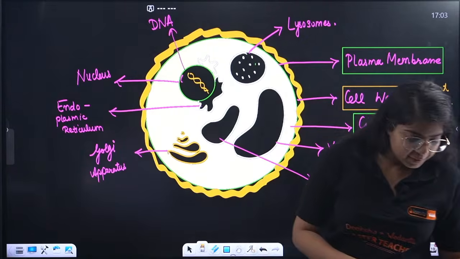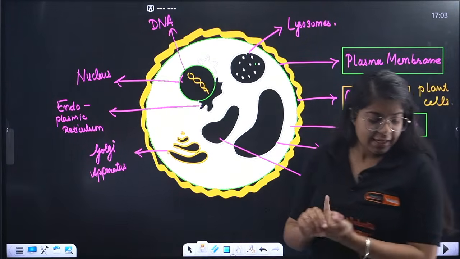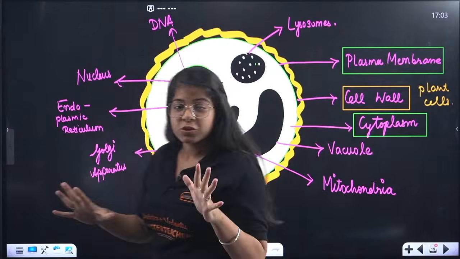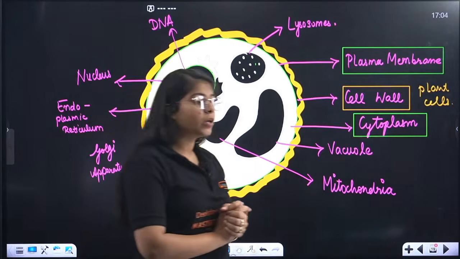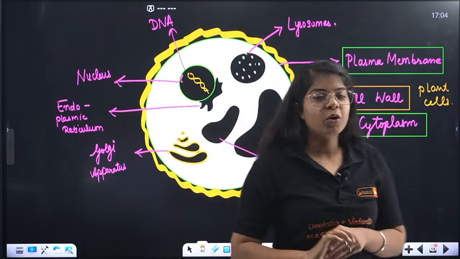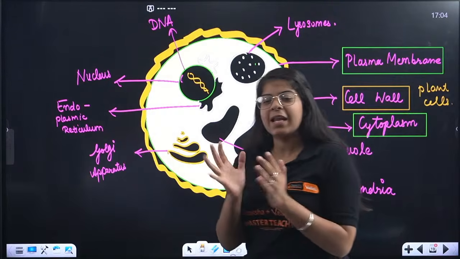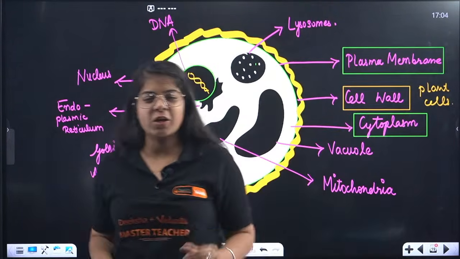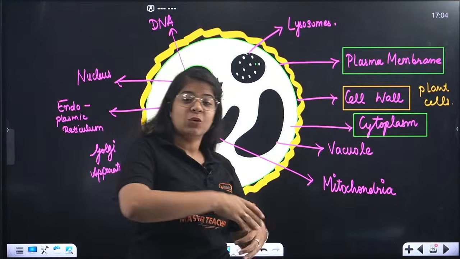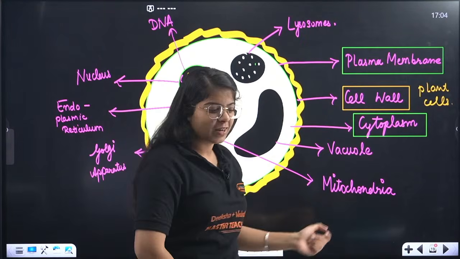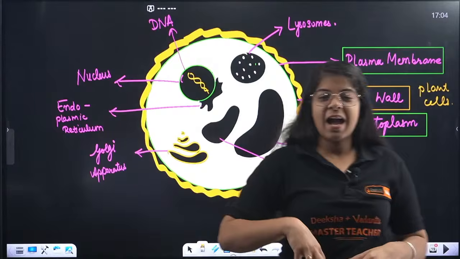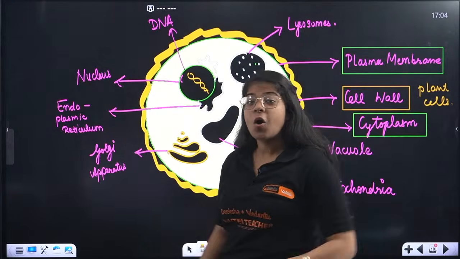Great. So everyone, today's chapter we are going to look into the cell. We are going to dive down into the cell and see what all is floating there inside it. Nucleus, endoplasmic reticulum, Golgi apparatus, and so many other organelles.